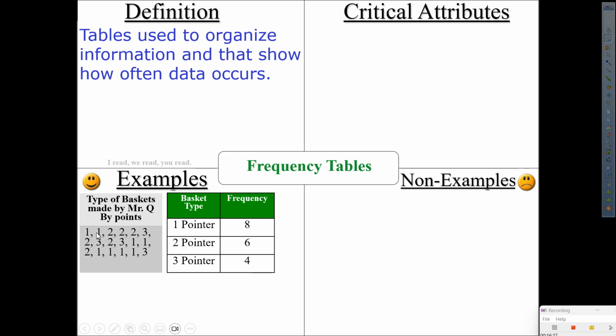How many 1-pointers? 1, 2, 3, 4, 5, 6, 7, 8. There's a frequency. How many 2-pointers? 6 of them. I count them. There they are. 3-pointers. 4 of them. This right here is a frequency table. Tell your neighbor why this one is and this one is not. Why is this one a frequency table and why is this one not?